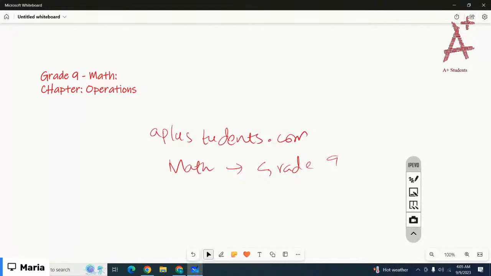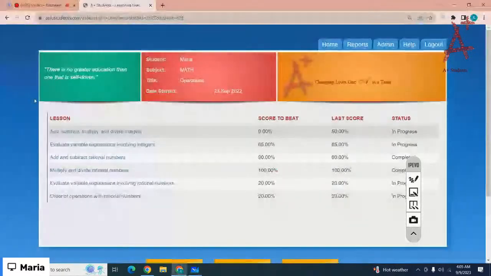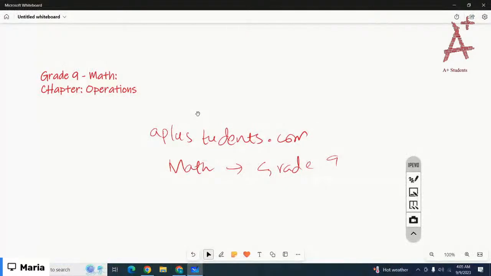Let's start with the first lesson, that is add, subtract, multiply and divide integers. So how do we perform different operations on integers? Let's start with the practice questions.